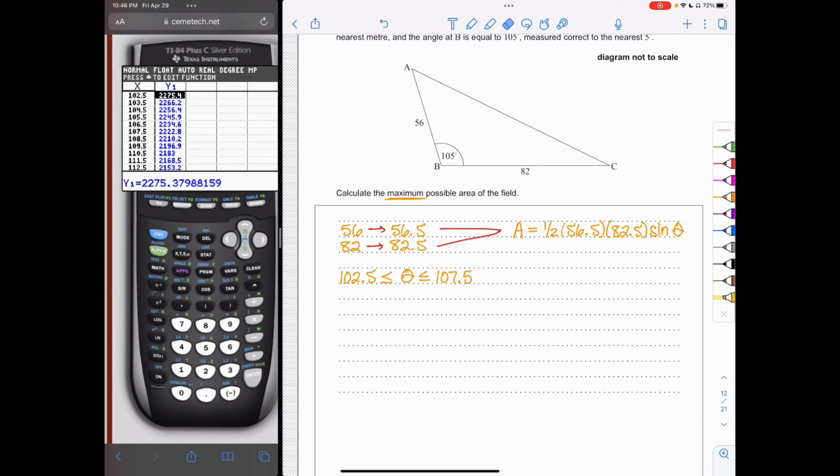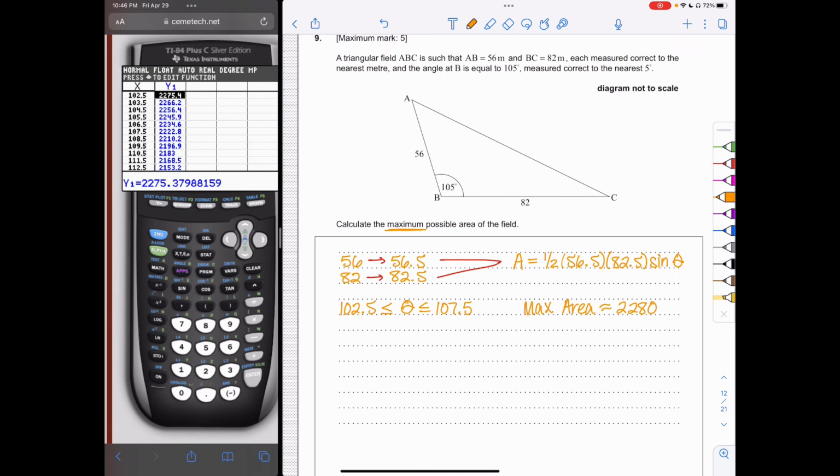And if we rounded that to 3 significant figures, we could say that our maximum area on that domain is going to be approximately 2,280. And of course, we are going to be looking at meters squared here. So that will be our maximum area on that domain.